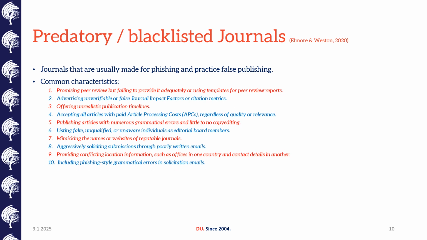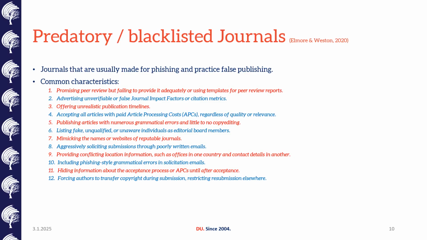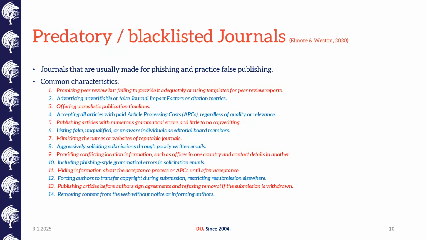including phishing-style grammatical errors in solicitation emails, hiding information about the acceptance process or APCs until after acceptance, forcing authors to transfer copyright during submission, restricting resubmission elsewhere, publishing articles before authors sign agreements, and refusing removal if the submission is withdrawn, removing content from the web without notice or informing authors.